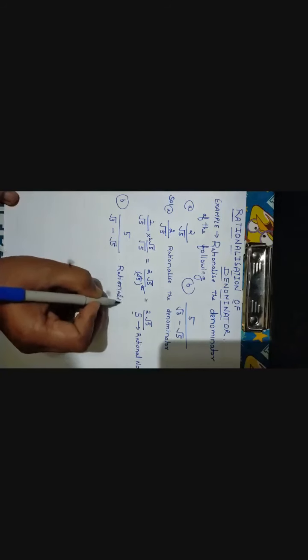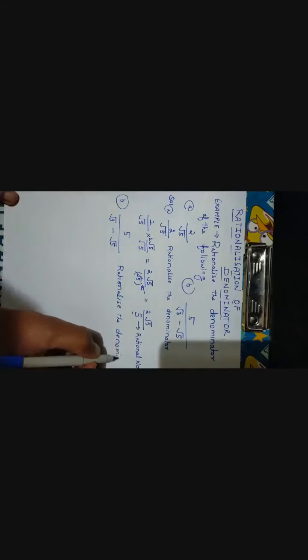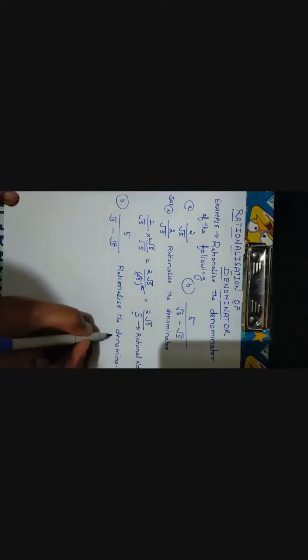Here we have 5 upon square root of 3 minus square root of 5. Here also we have to rationalize the denominator. Here we have two terms, 1 and the 2.